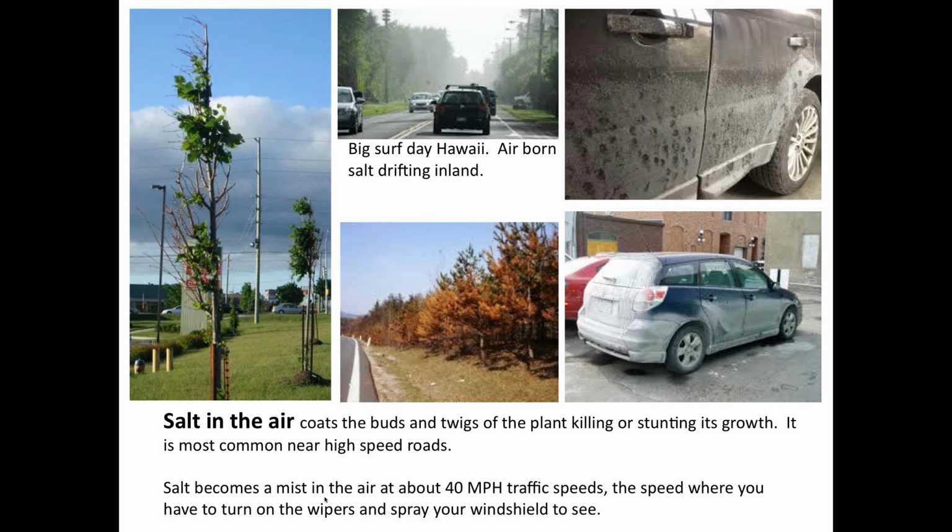So low-speed roads, particularly in retail environments where the speeds are typically below 30 miles an hour, generally don't have this kind of salt damage, where high-speed roads I've seen along interstate highways with a salt drift can go several hundred yards off of the road, affecting plants a long way downwind from the road.